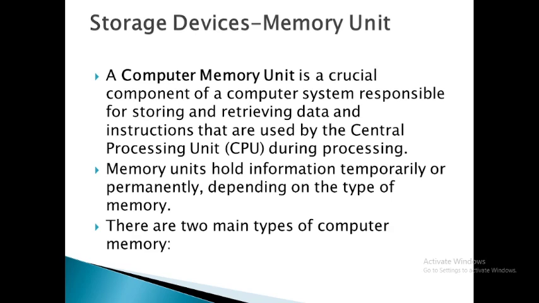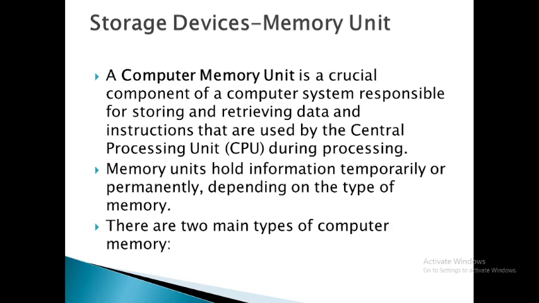Now let's look at storage devices, which are part of the computer hardware. Now we look at the memory unit. This is a crucial component of a computer system, which is responsible for storing and retrieving data and instructions that are used by the central processing unit.